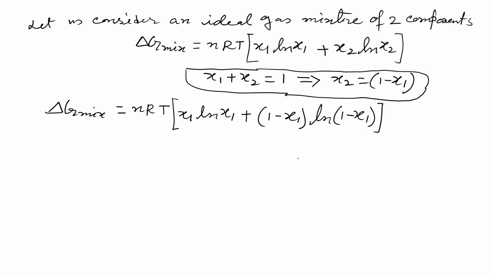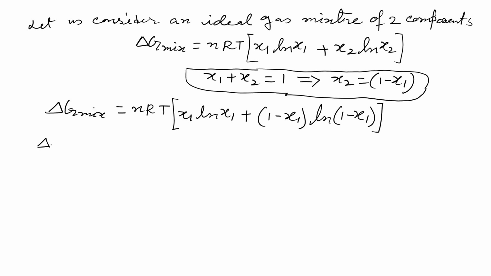You can write it. Okay. Now, delta G mixing will be maximum or minimum if the first derivative, meaning we have to differentiate this with respect to x1, variable x1. Okay, if the first derivative is 0, right?